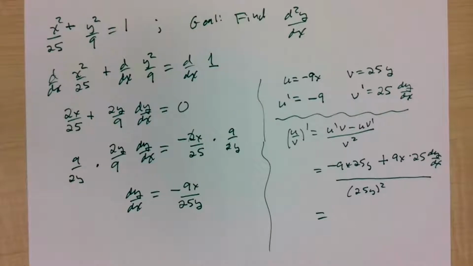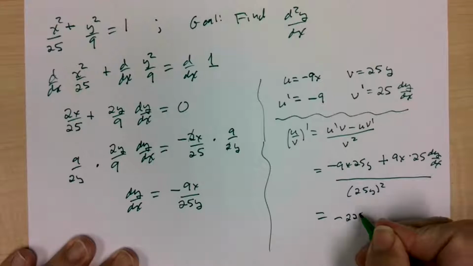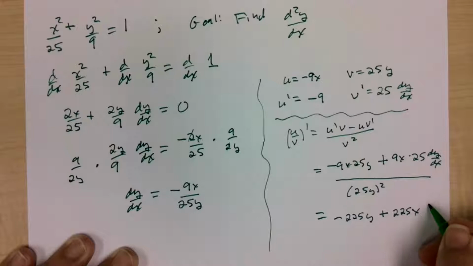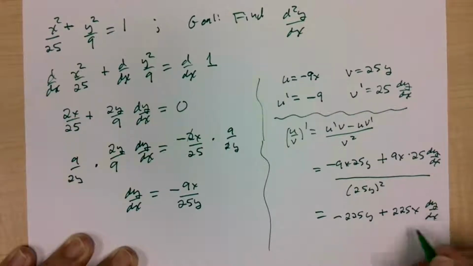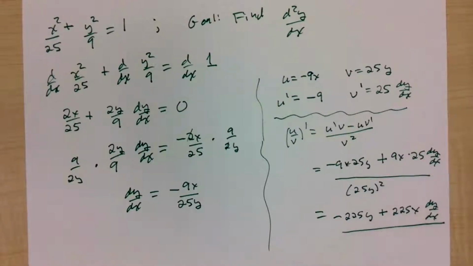Negative 9 times 25 is 225, so negative 225y, plus 9 times 25, 225x dy/dx, all over 25 squared, which is 625.